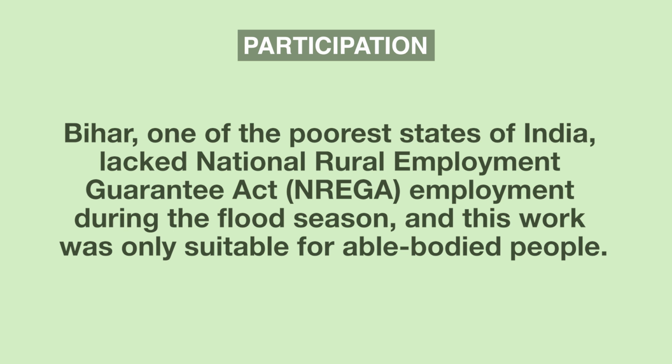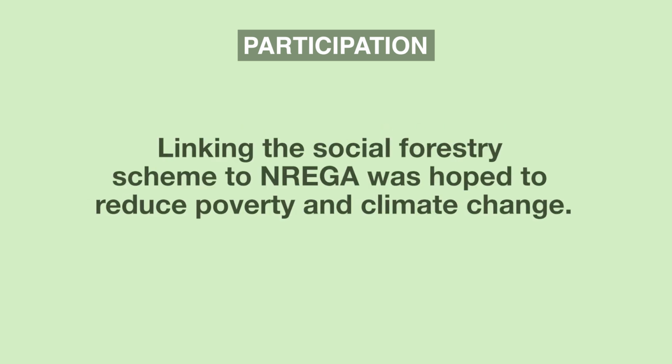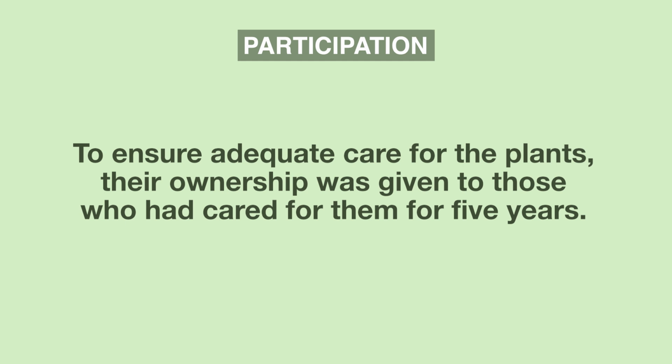Bihar, one of the poorest states of India, lacked the National Rural Employment Guarantee Act, which is NREGA, employment during the flood season, and this work was only suitable for able-bodied people. Linking the social forestry scheme to NREGA was hoped to reduce poverty and climate change. To ensure adequate care for the plants, their ownership was given to those who cared for them for 5 years.